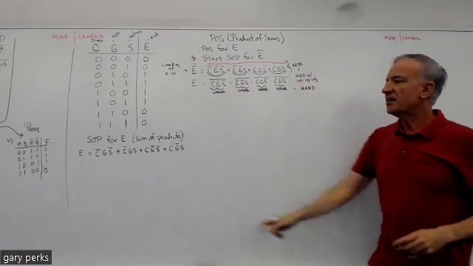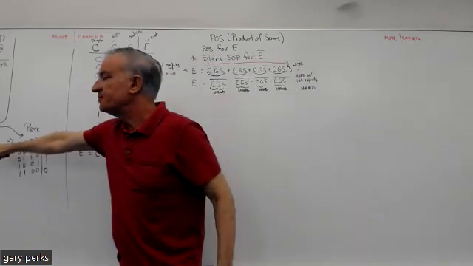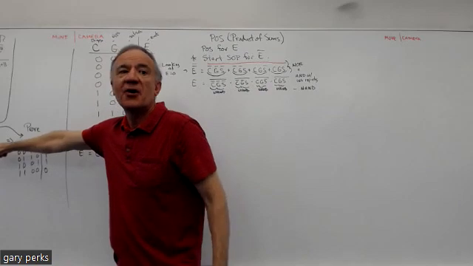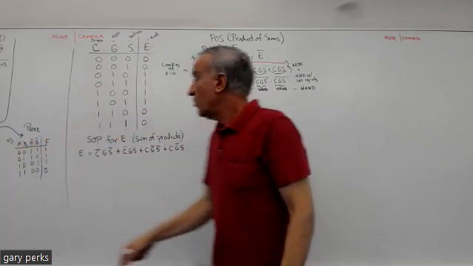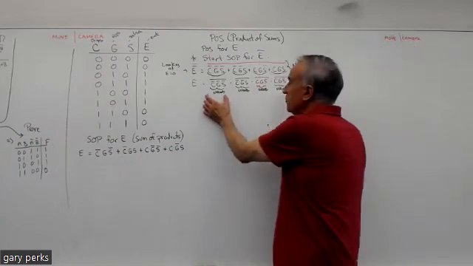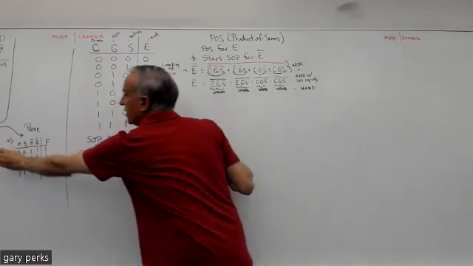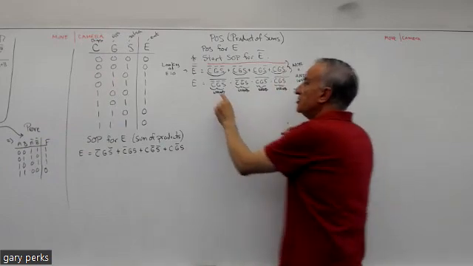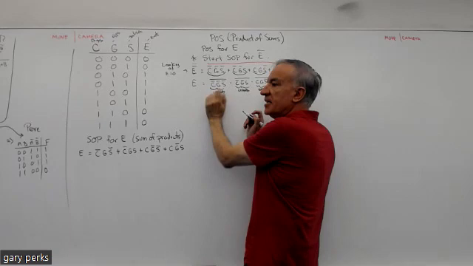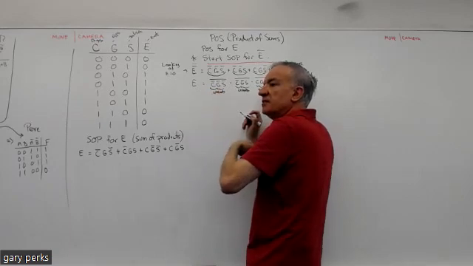And what does DeMorgan tell us that a NAND is equal to? That's the other part of DeMorgan's: an OR with inverted inputs. So we're going to apply this part of DeMorgan's to each one of these NAND terms. I take each input, invert it, and then OR it.